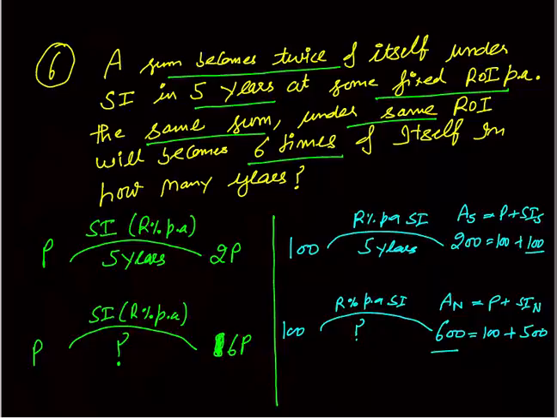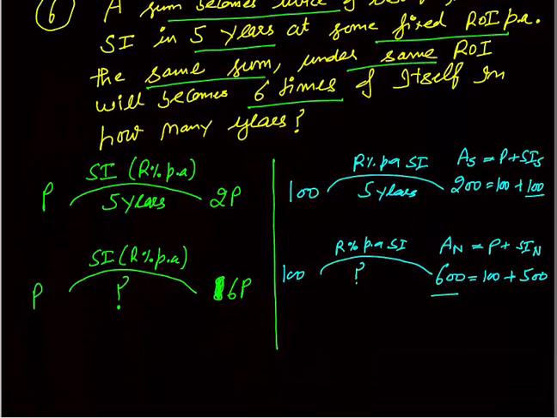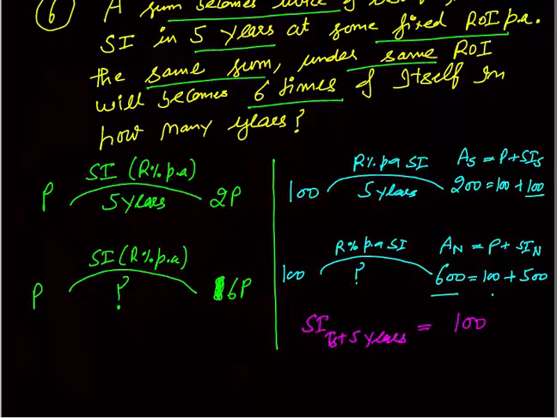Now, very important to understand that simple interest is the same for a particular set of period. Simple interest of the first 5 years, we already know, is 100 rupees. So simple interest for every set of 5 years will be 100.